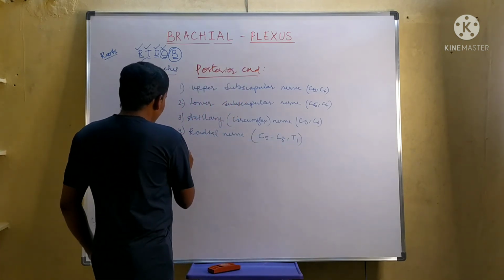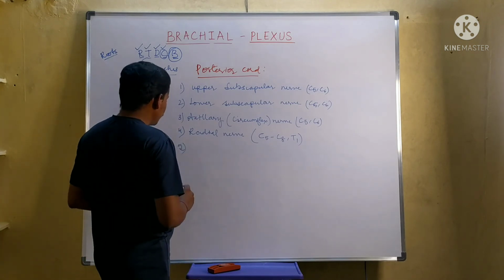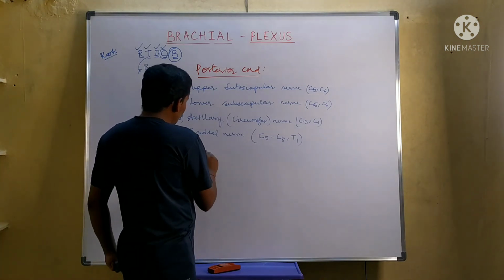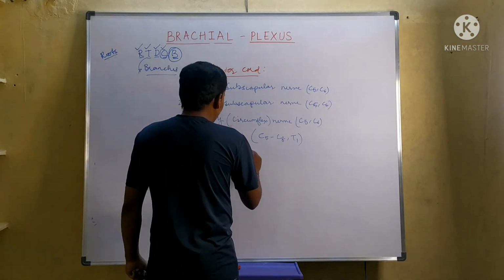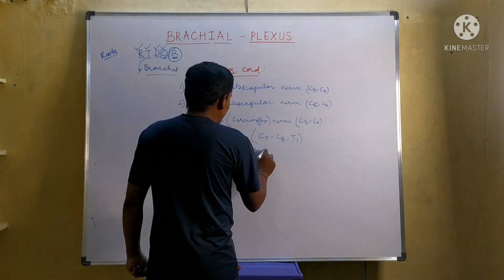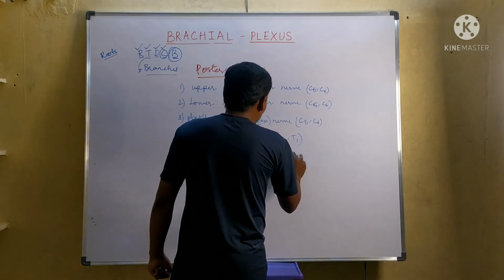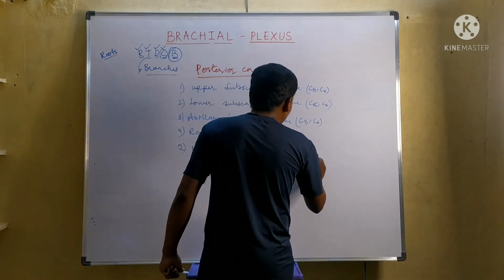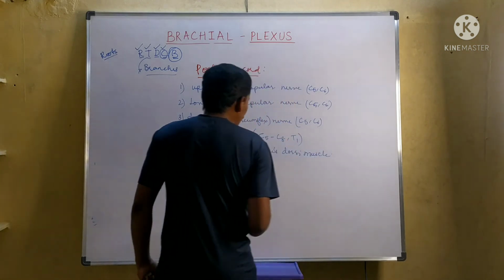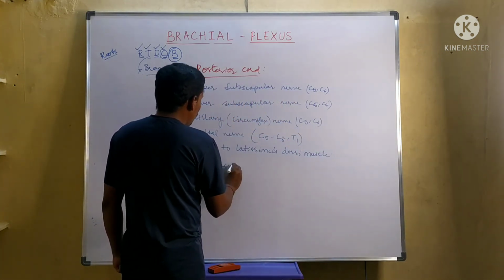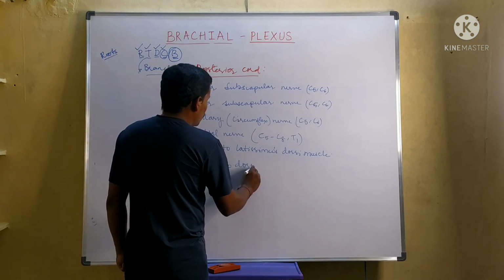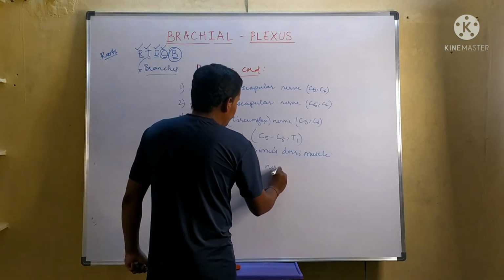And the fifth and final branch is the nerve to latissimus dorsi muscle, which is also known as thoracodorsal nerve.